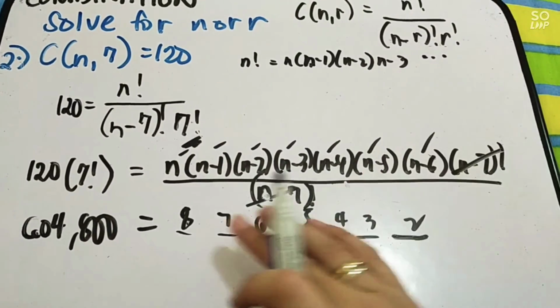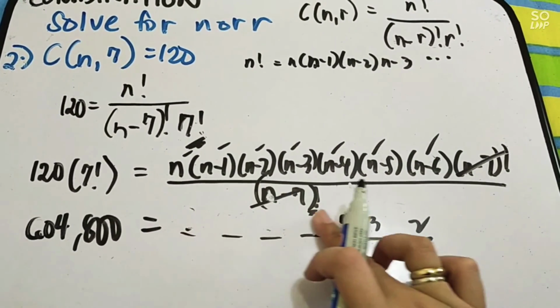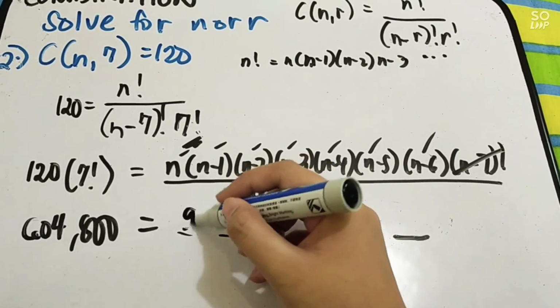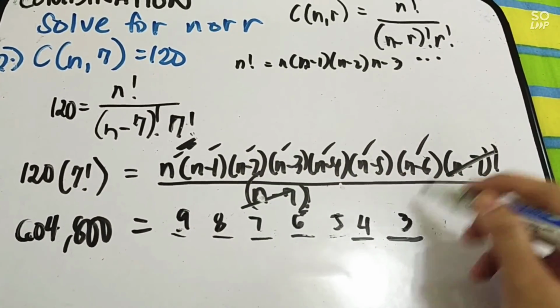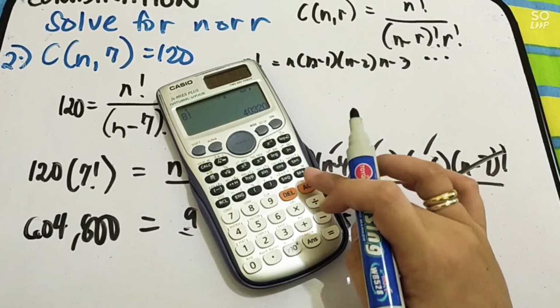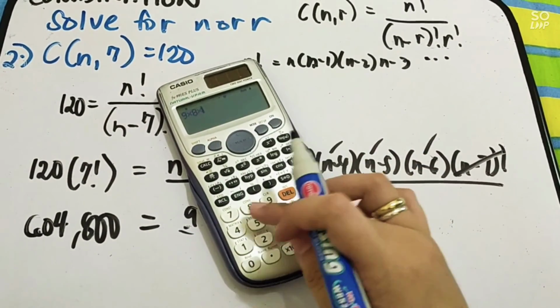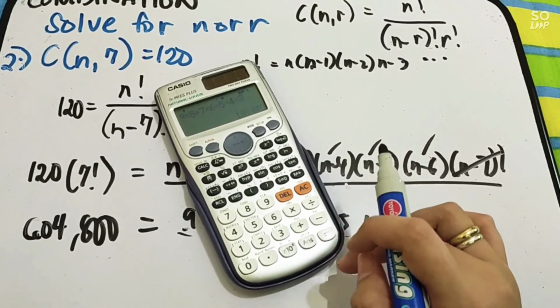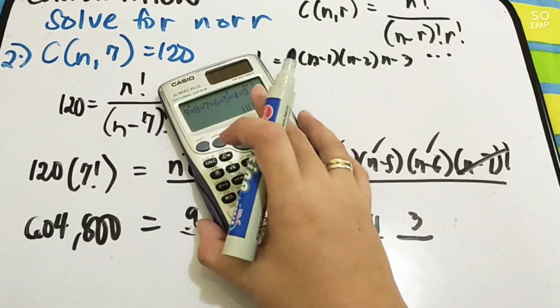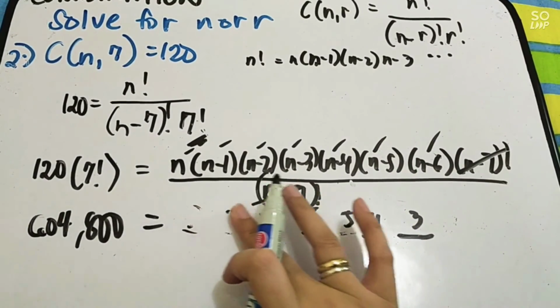So, masyadong mababa pa. What if start tayo kay 9? 9, 8, 7, 6, 5, 4, 3. So, we have 9 times 8 times 7 times 6 times 5 times 4 times 3. That is 181,440. So, kulang pa. Let us have 10.